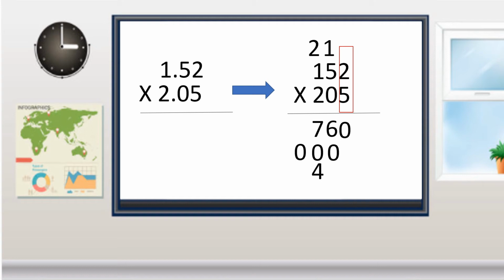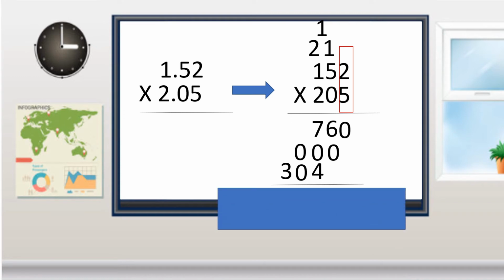Then 2 times 2 is 4. 2 times 5 is 10, carry 1. 2 times 1 is 2 plus 1 is 3. Now add: bring down 0. 6 plus 0 is 6. 7 plus 4 is 11, carry 1. 1 plus 0 is 1.